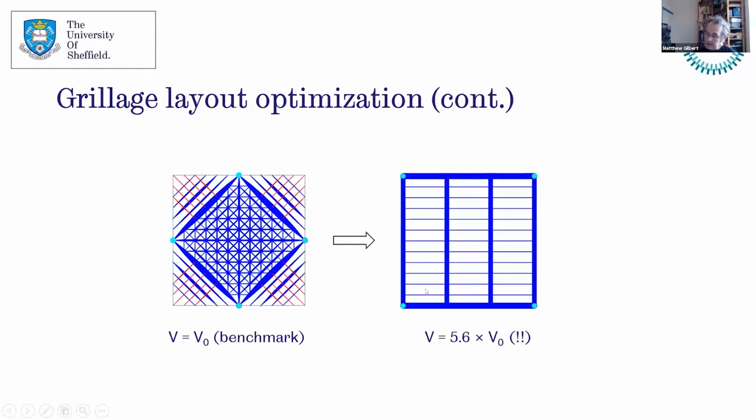The interesting thing is how much more efficient these idealized, optimized beam grillages are compared to conventional designs. So if we're looking at a plan view of a floor plate of a small building, on the right hand side we've got 4 columns, and then we've got orthogonal secondary and primary beams, whereas on the left hand side we've got the optimized design for the same problem.